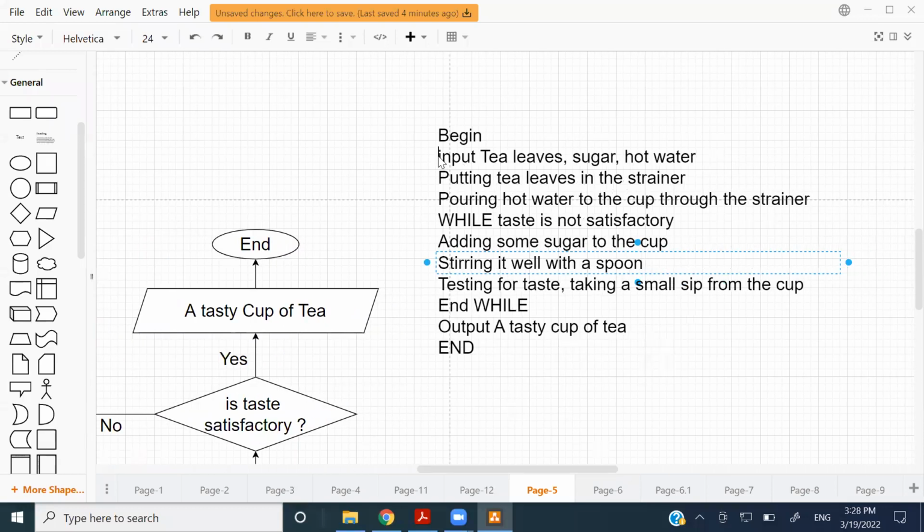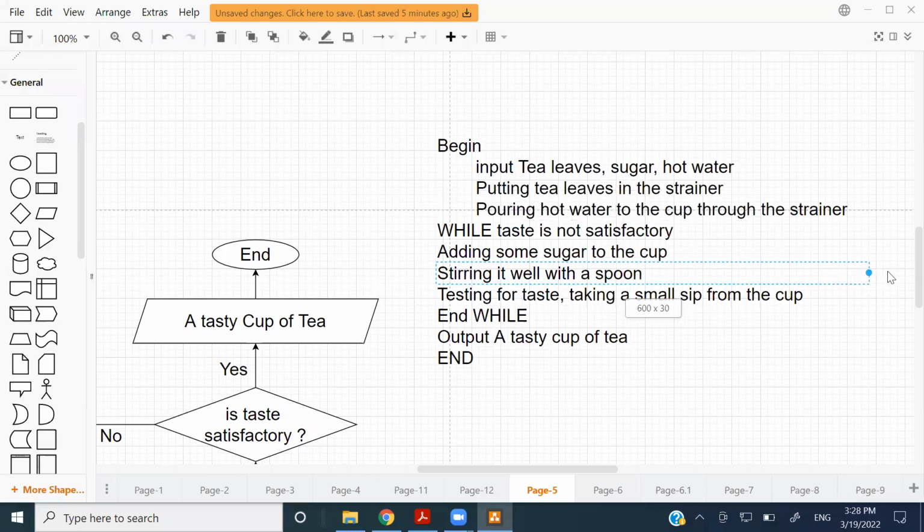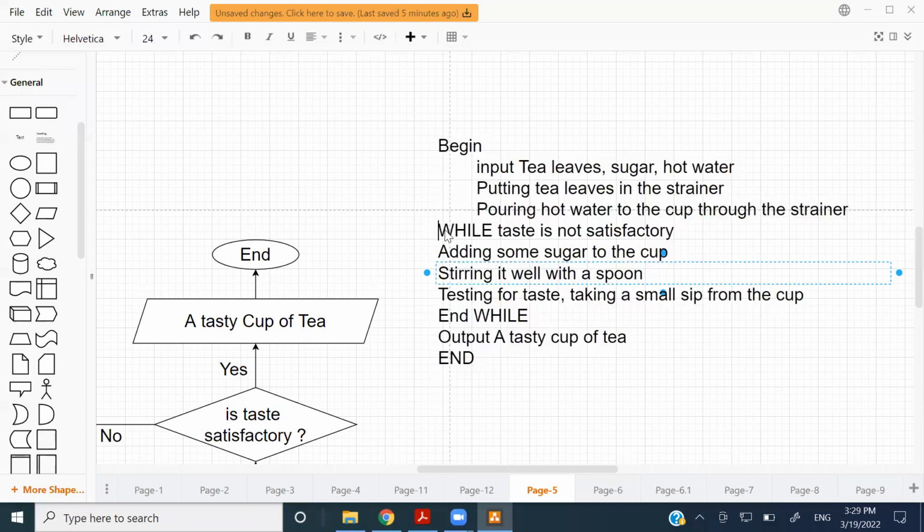Right, so what we have done, we begin, we input tea leaves, sugar and hot water, we put the tea leaves in the strainer, and then we enter the iteration condition.